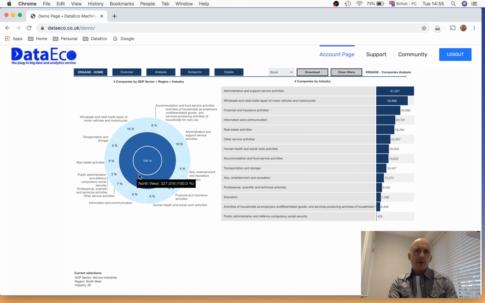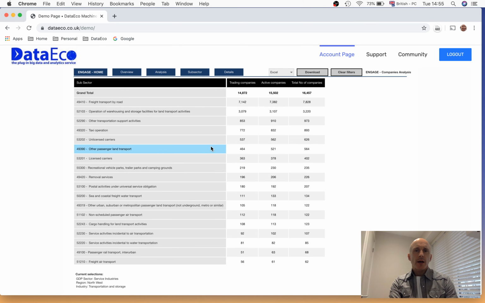If we go and have a look, I think we'll go into the transportation and storage sector, and out of them 16,000 is quite a lot of taxis operating in the northwest, and 772 companies currently trading in there.